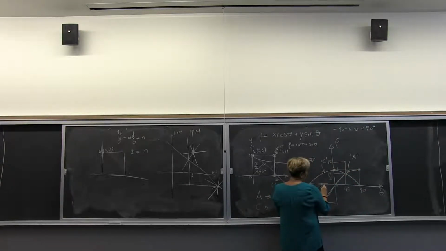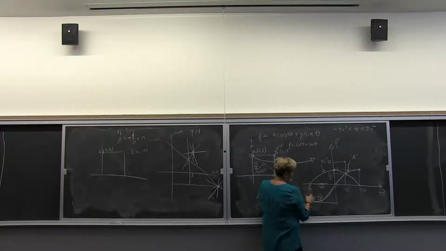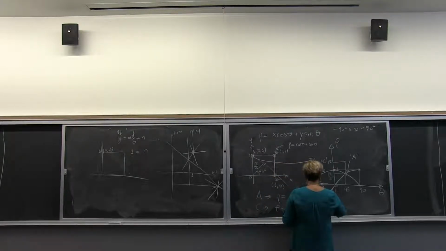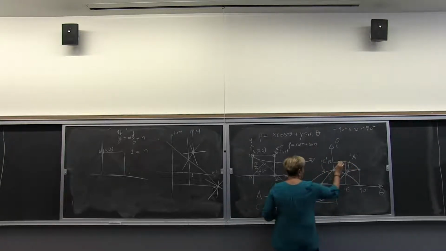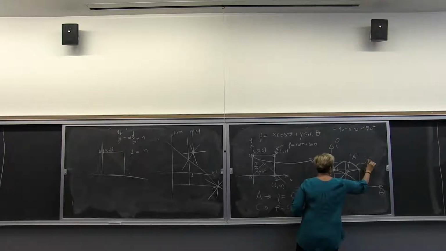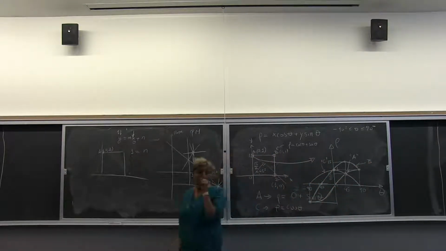At minus 45 degrees, these two cancel out, so the curve will pass here. And then over here, 0 plus minus 1, it will pass here. So my curve would look something like that.